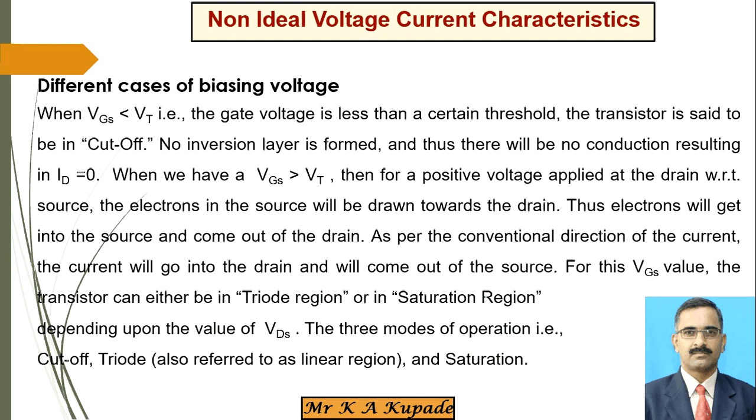Another case is during biasing, when VGS is greater than VT.